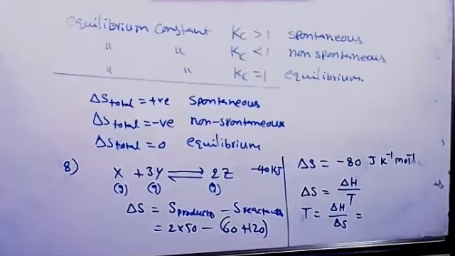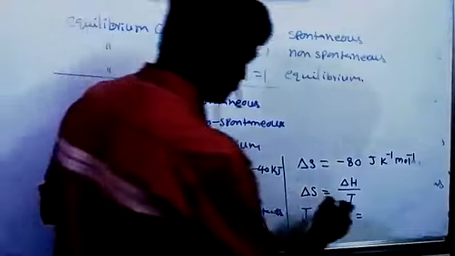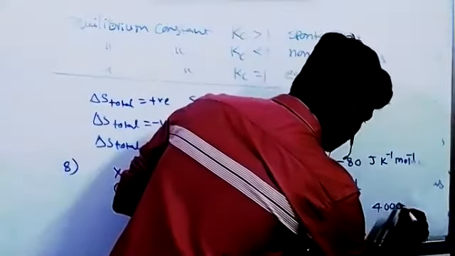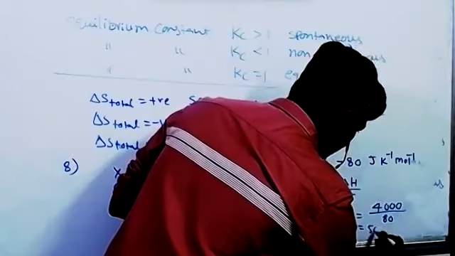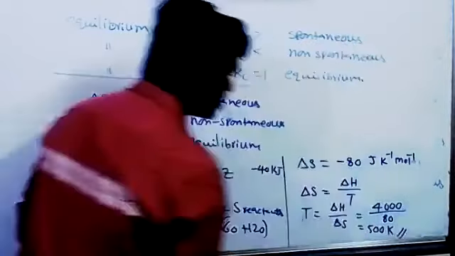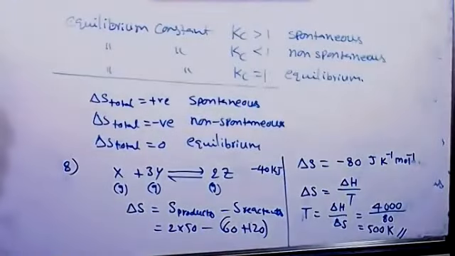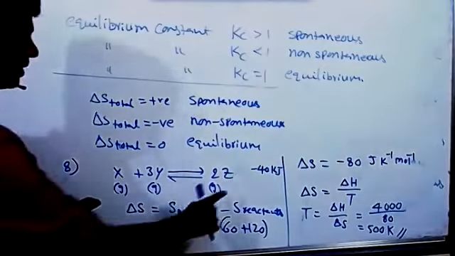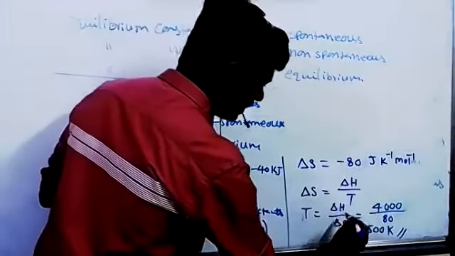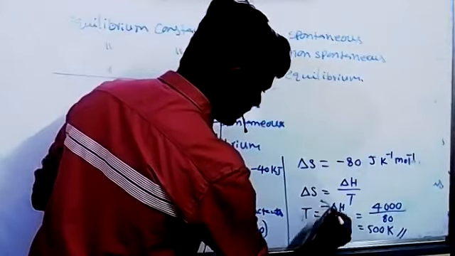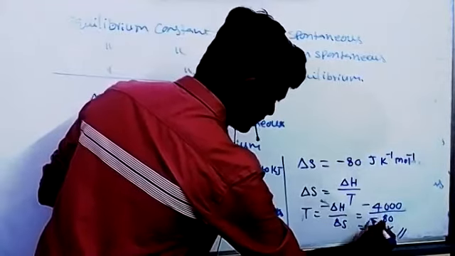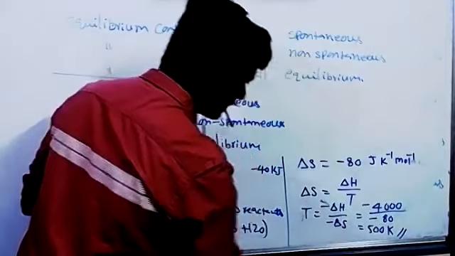Yeah, answer is 500 Kelvin. Actually, this is also minus, this also minus. It becomes plus now. Delta H is minus 40,000, delta S also minus, it will become plus and 500 Kelvin.